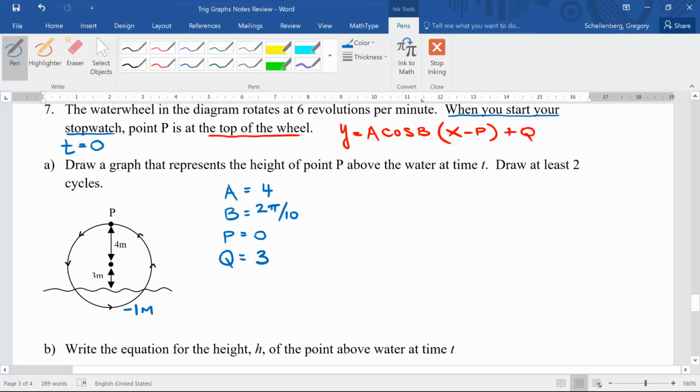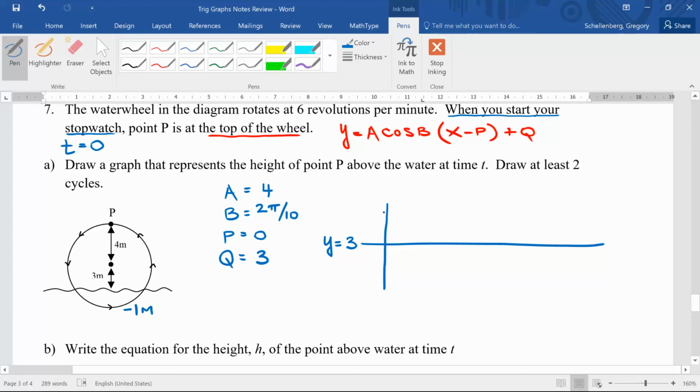Part A says draw a graph that represents the height of point P above the water at time t and draw at least 2 cycles. So let's draw a graph, and we can relabel the x-axis as y equals q, which in this case is y equals 3.